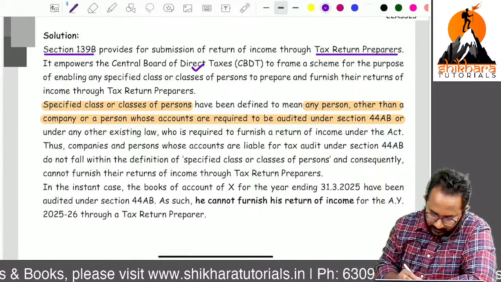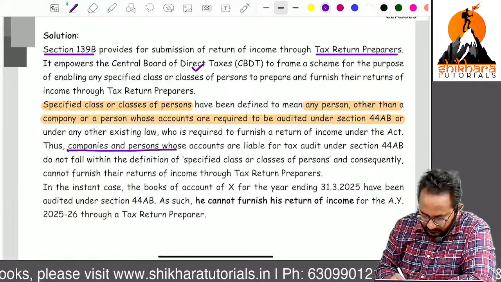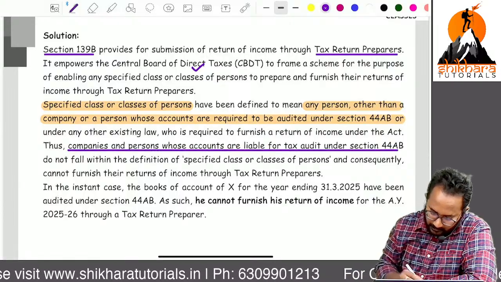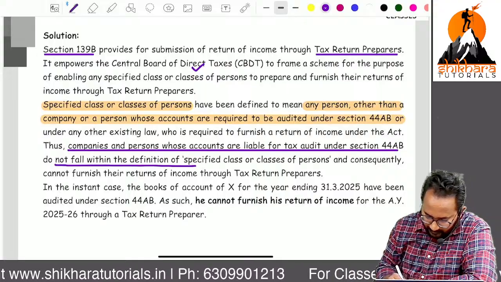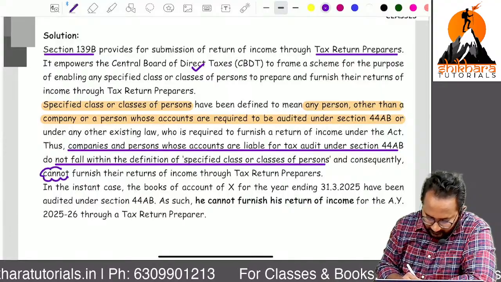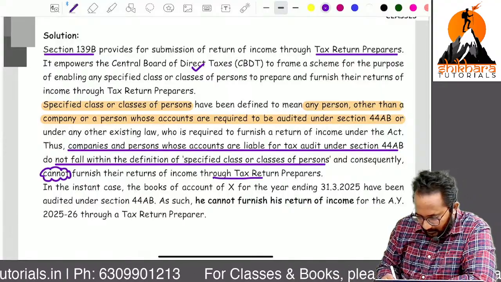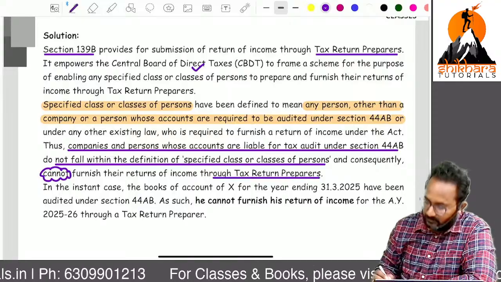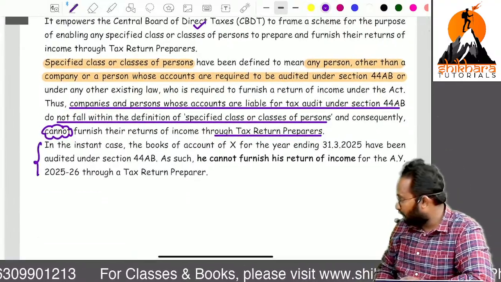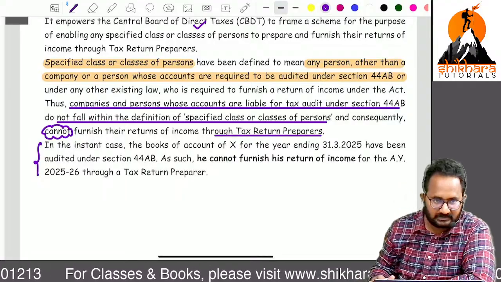Thus companies and persons who are liable to go for audit do not fall within the specified classes of person. Consequently, they can't take the services of TRP. This is the provision. Last, you need to mention the conclusion, otherwise you will not get marks.